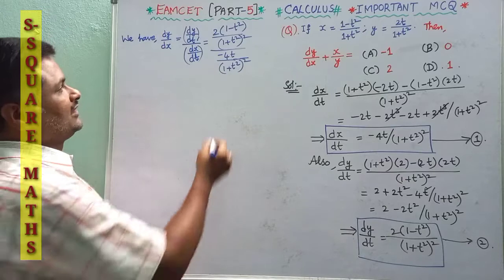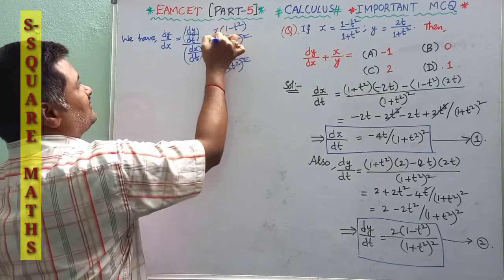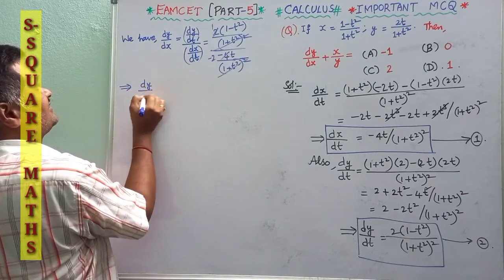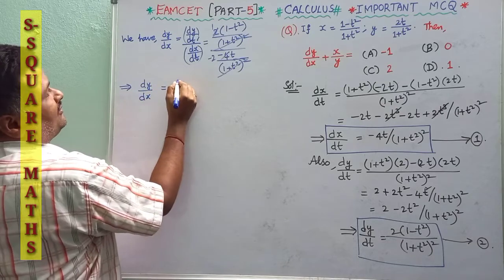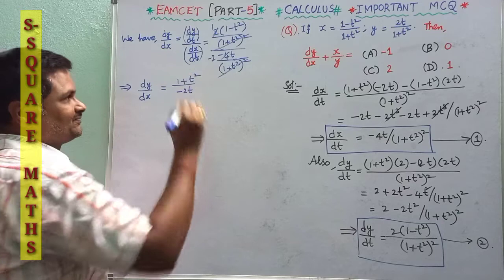The denominators get cancelled here, and 2 once and 2 twice, once and minus 2 times. So I will write now dy by dx is equal to 1 plus t square by minus 2t.